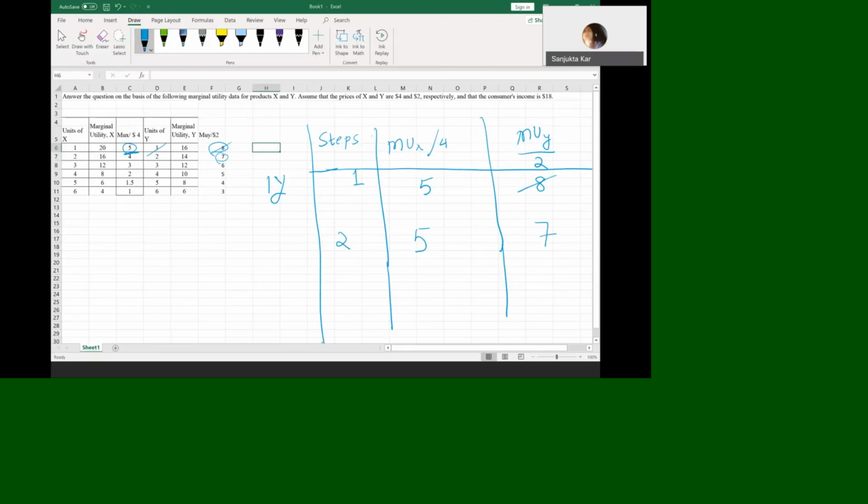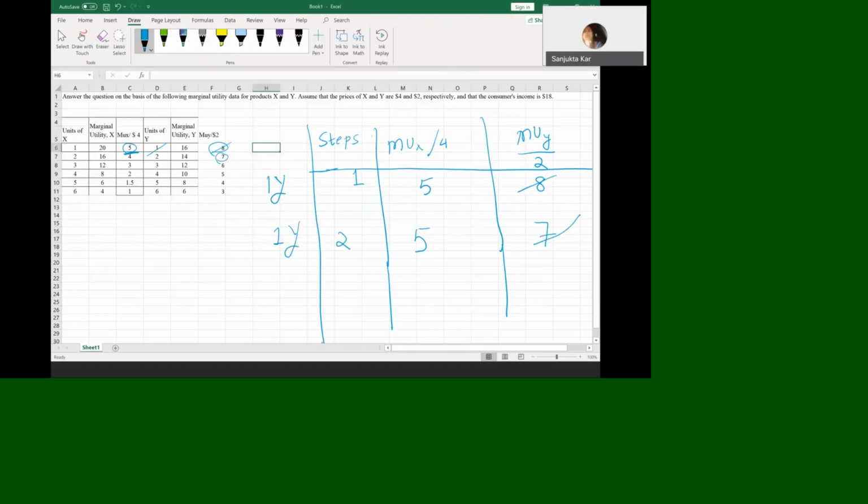Even in this step, MUY over 2 is greater than 5. So I'm going to strike this one out. Step 2, the consumer will purchase another unit of good Y.